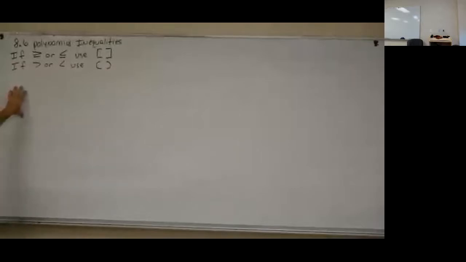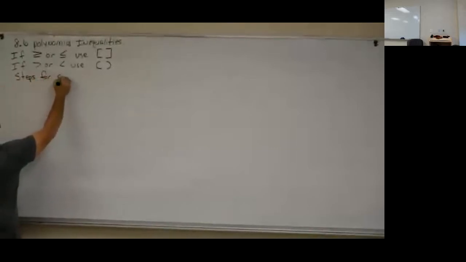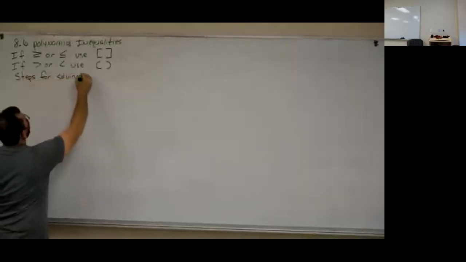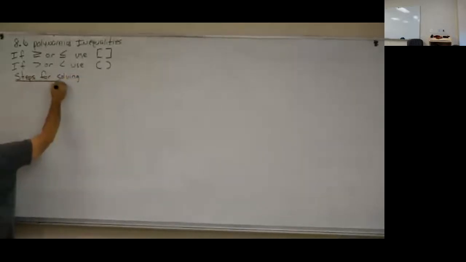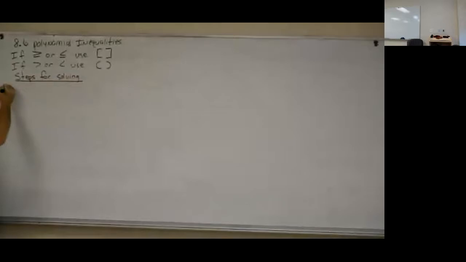All right, so I'm going to put up here, first off, my steps for solving polynomial inequalities. Remember, these inequalities, greater than and less than, they can have many answers on these, okay?